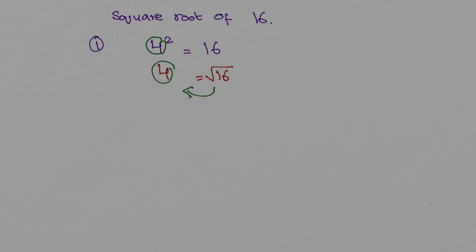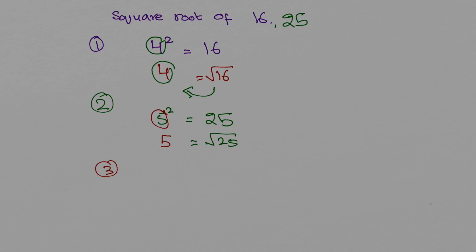Another example: if they ask you to find the square root of 25, we know 5 squared is 25, and then the square root of 25 would be just this part, 5, the opposite, the reverse of it. If you go for 9, the square root of 9 would be, we know 9 is 3 squared, so 3. That would be your answer.